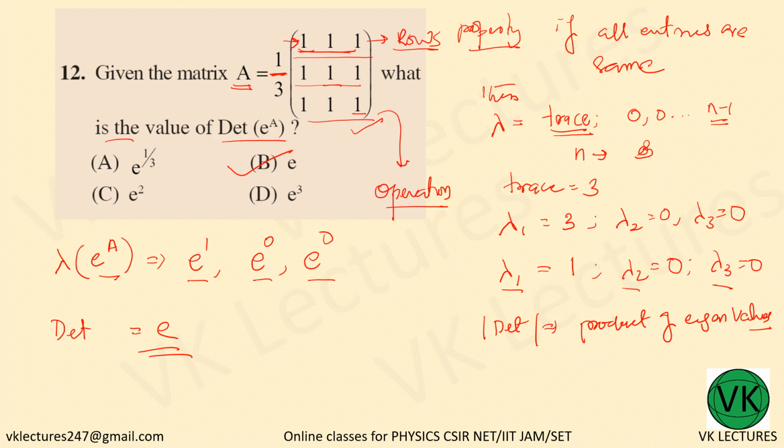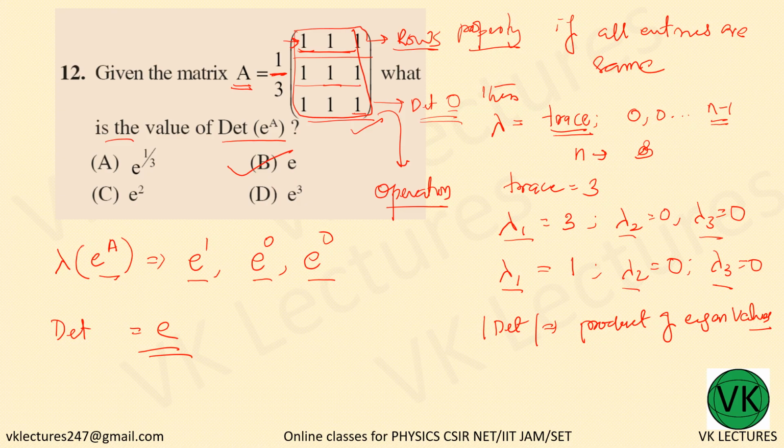Similarly, if you take the determinant of this matrix 1 1 1, 1 1 1, 1 1 1, then this determinant is nothing but 0. Right, so this is also the product of lambda 1, lambda 2 and lambda 3. Lambda 1 into lambda 2 is nothing but 0.